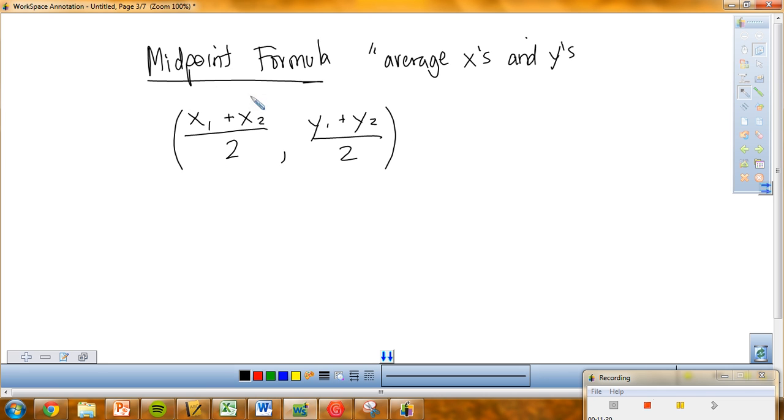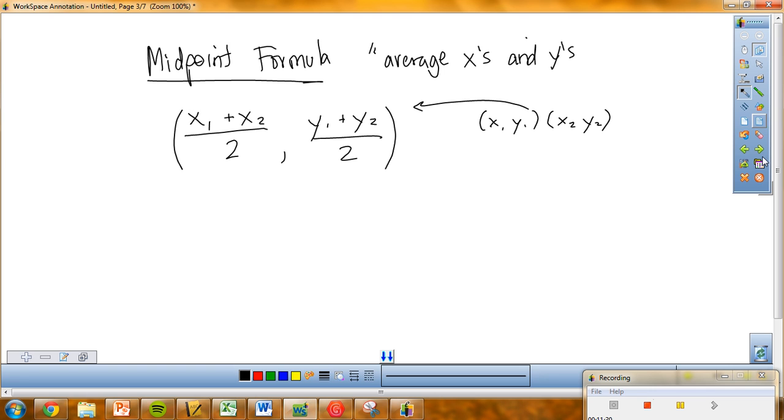So the midpoint is just using two ordered pairs. x1 is from the first point, x2 is from the second point, y1 is from the first point, y2 is from the second point. So finding the average of these two things, using x1, y1, x2, y2, and it's just finding the average.